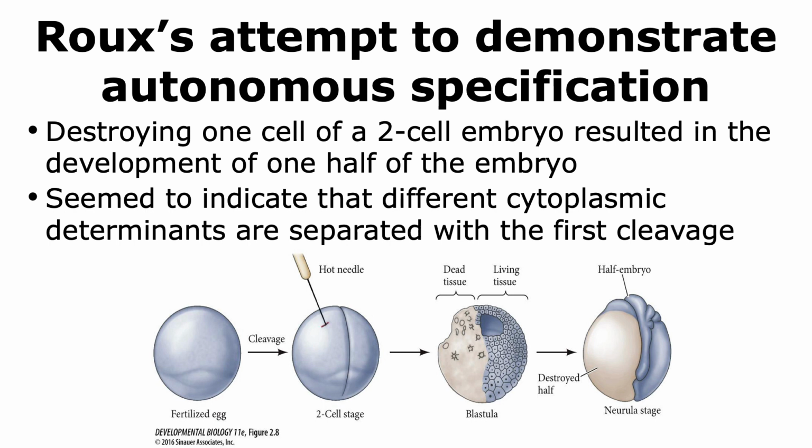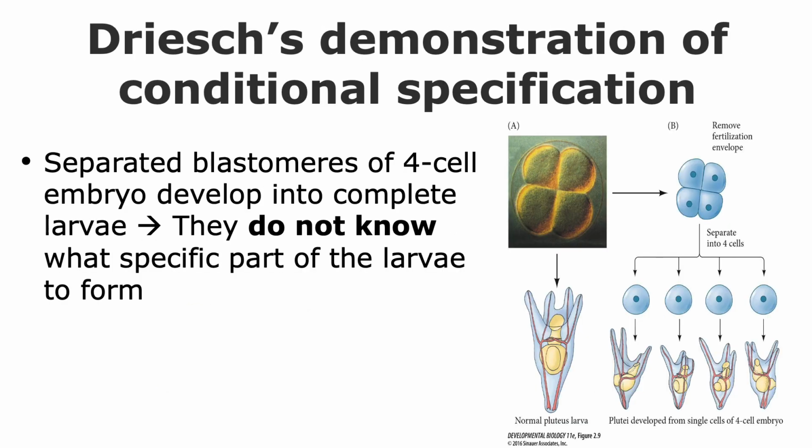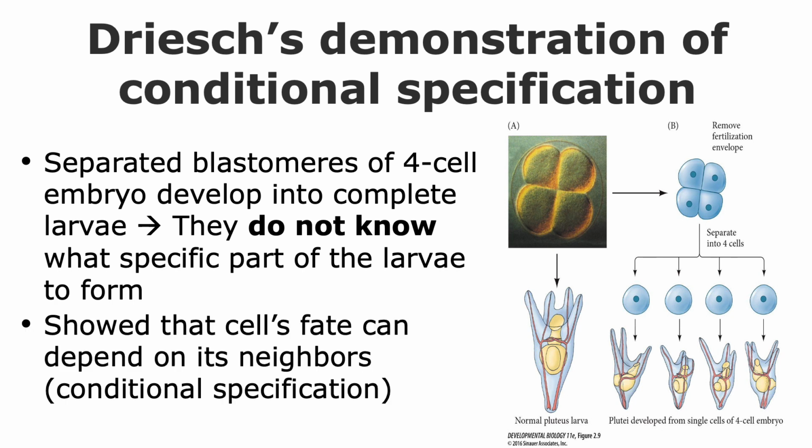Looking at his experiments, another embryologist, Driesch, decided to do another set of experiments. He took the blastomeres present in the four-cell embryo and looked to see whether they could develop into complete larvae. He showed that all four cells from that embryo were actually able to develop into larvae.